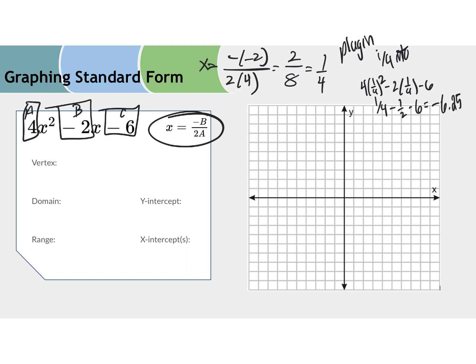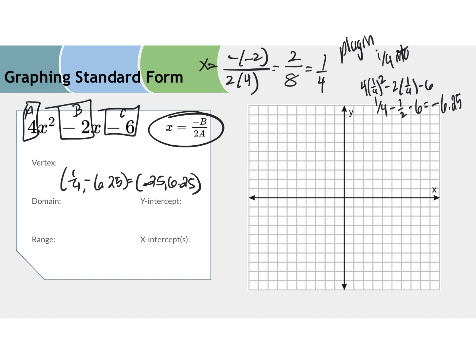And a decimal is fine here since we're graphing. So my vertex is 1/4 and negative 6.25. Now I'm going to rewrite this in terms of all decimals, so 0.25 and negative 6.25.